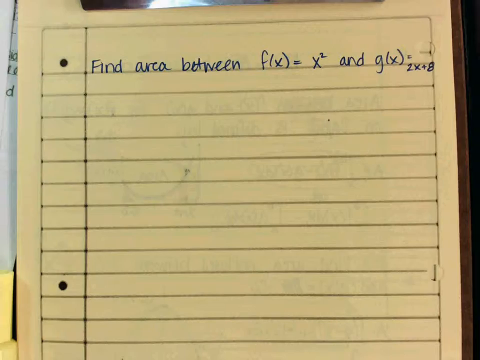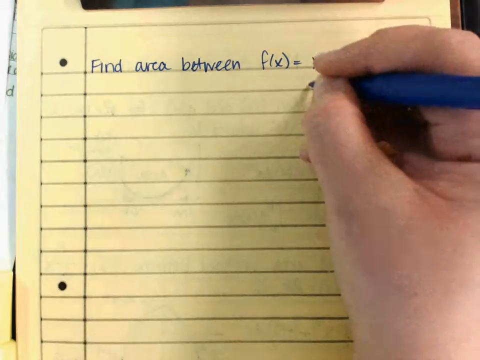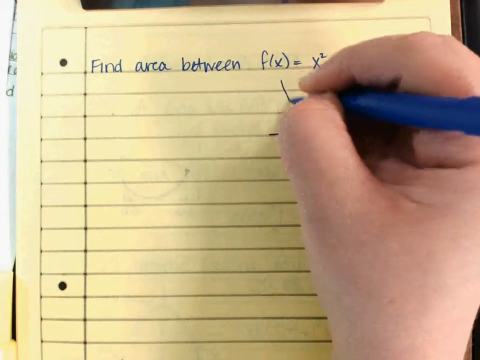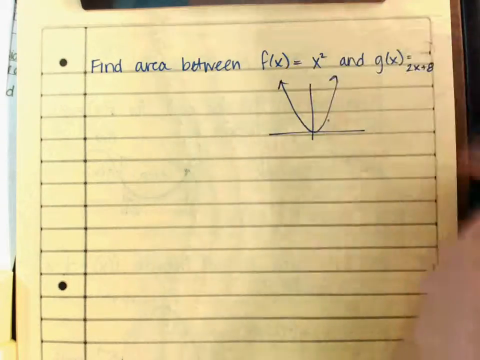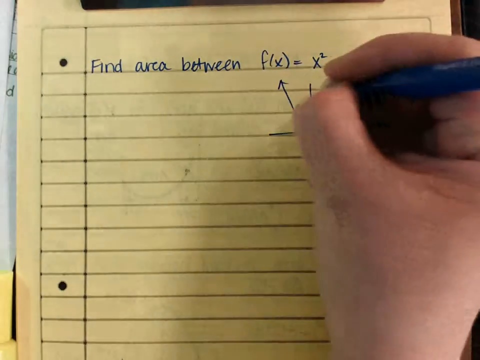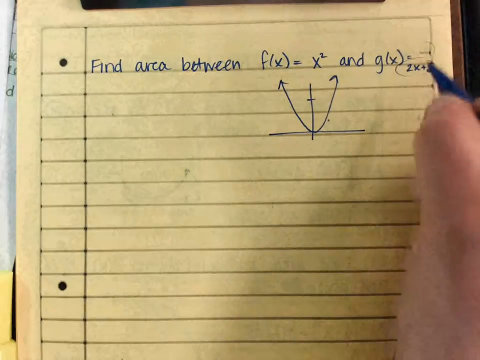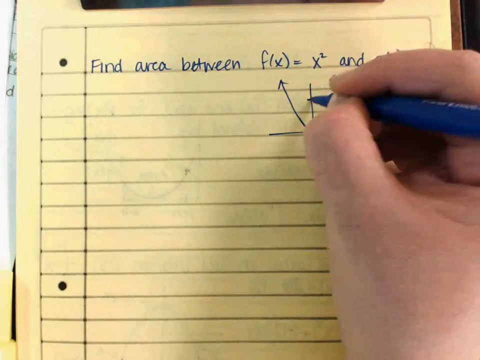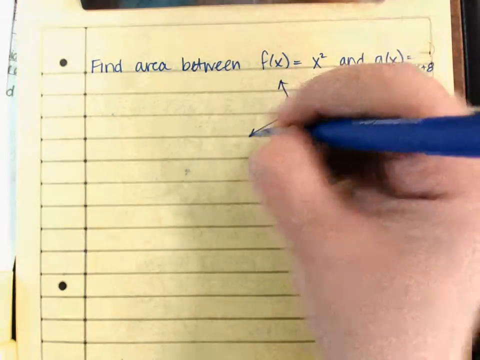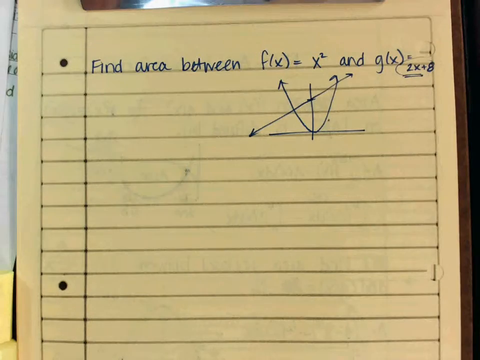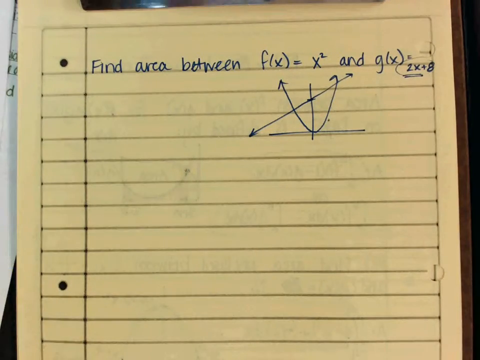Okay. So in this case, I'm going to sketch my graph just like last time. X squared opens up, we know that one. And then 2x plus 8, that's linear. It starts at 8. And then if it's a 2x here in the front, that means that it is headed uphill. Okay, so we don't know exactly everything about the graph, but we at least know enough to sketch it.